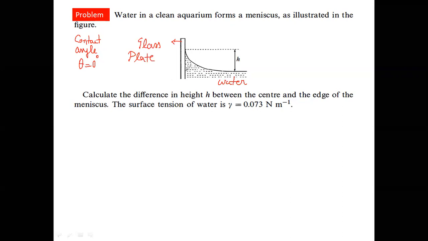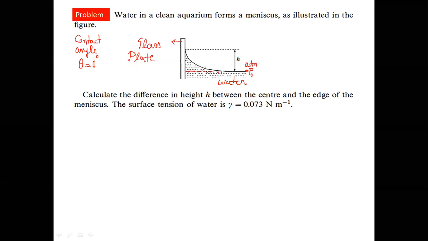If we imagine a horizontal level, consider this horizontal level. Here, since the surface is exposed to the atmosphere, it is very obvious that the pressure at this point will be equal to the atmospheric pressure, let's say P naught.